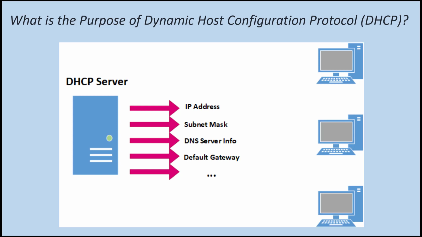But hold on, there's more to this wizardry. DHCP doesn't stop at addresses. It also serves up crucial details like subnet masks, default gateways, and DNS server info. It's like ensuring everyone at the party has the right map, directions, and a list of emergency contacts.